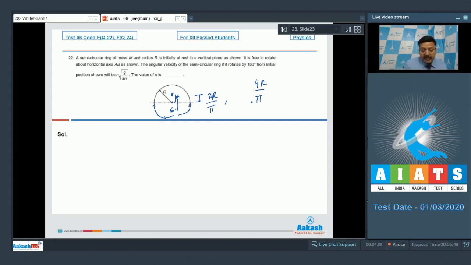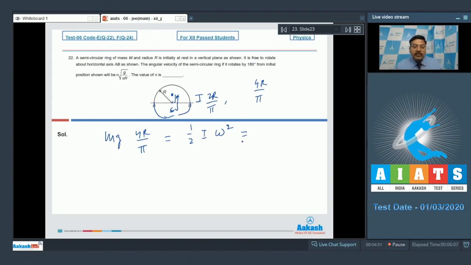So the loss in gravitational potential energy is mg into the distance through which the center of mass has moved down, and that is 4r by pi, and this must be equal to half I omega square, where I of course is the moment of inertia and omega is the angular velocity.